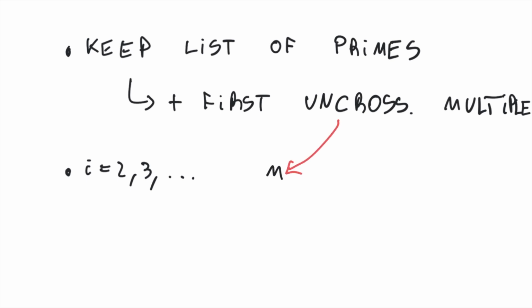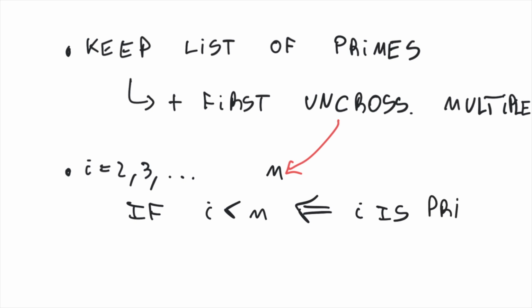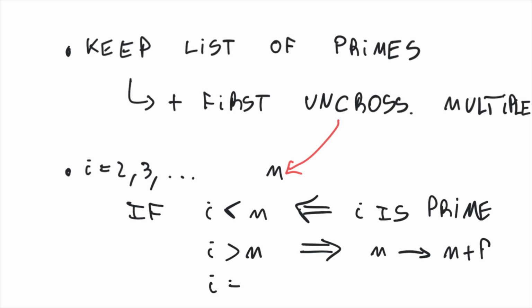If i is less than n, then i is prime. If i is greater than n, then we just take n and update it to the next multiple of our prime p. And finally, if i is equal to n, then i is not a prime.